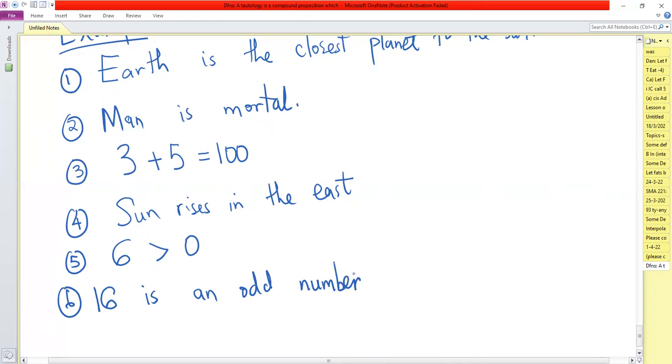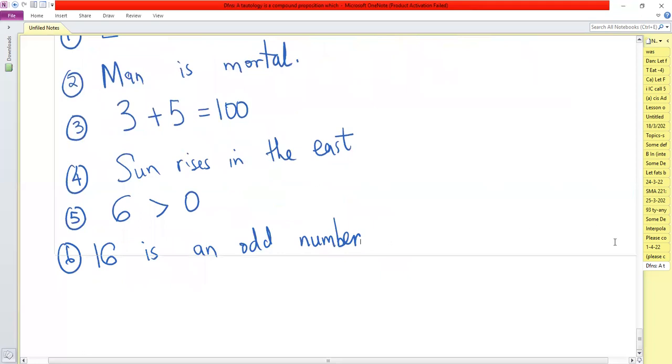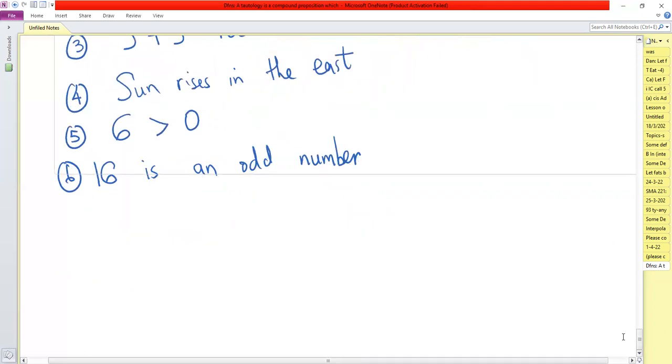Another example: Nairobi is the capital city of Rwanda.